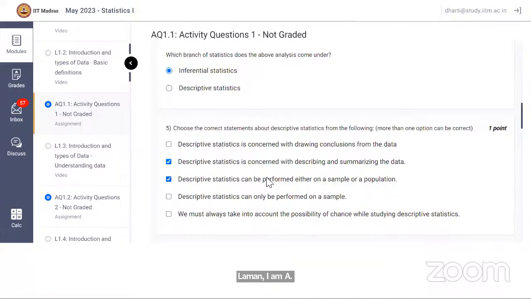Okay. See, whenever we are talking about descriptive statistics, we can't have any data outside of our data set. Whatever your data set is, you have to play with that only. So that's why we do not take into account the possibility of chance.